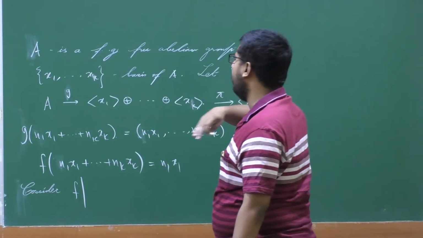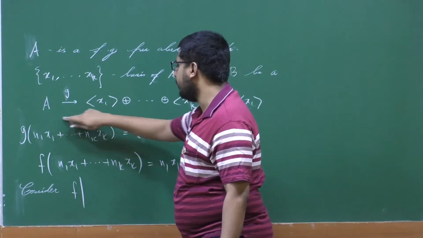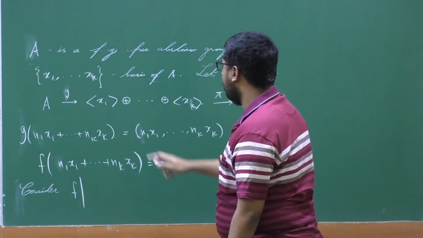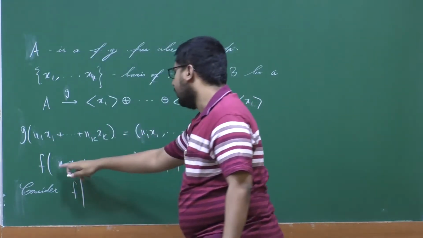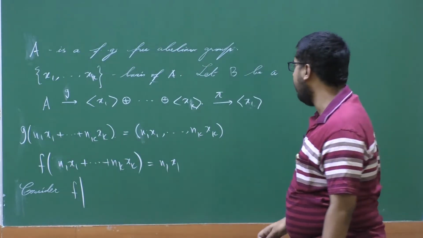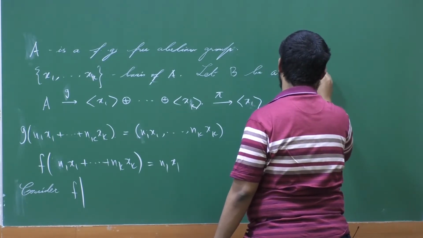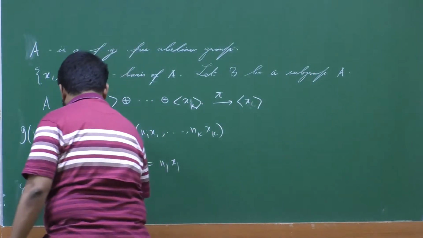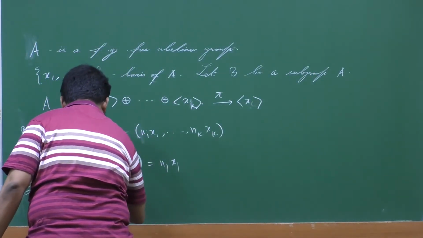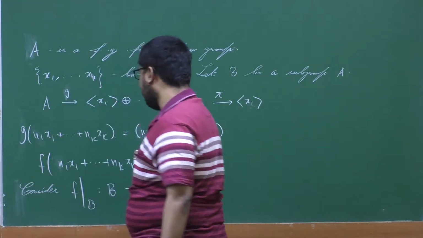A finitely generated abelian group, we have chosen a basis of A, and from the basis we have such an isomorphism. So I can compose the isomorphism with that projection. This is what I am defining as F. Now let B be a subgroup of A. So it makes sense to talk about the restriction of F on this.